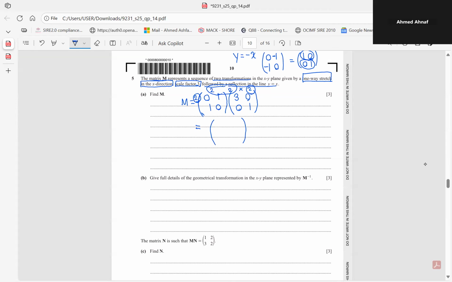For the first element, since it's in the first row, first column, you take the first row of the first matrix, and then you multiply it by the first column of the second matrix. So this would be 0 times 3, which is 0, plus 1 times 0, which is also 0. So this is just 0.